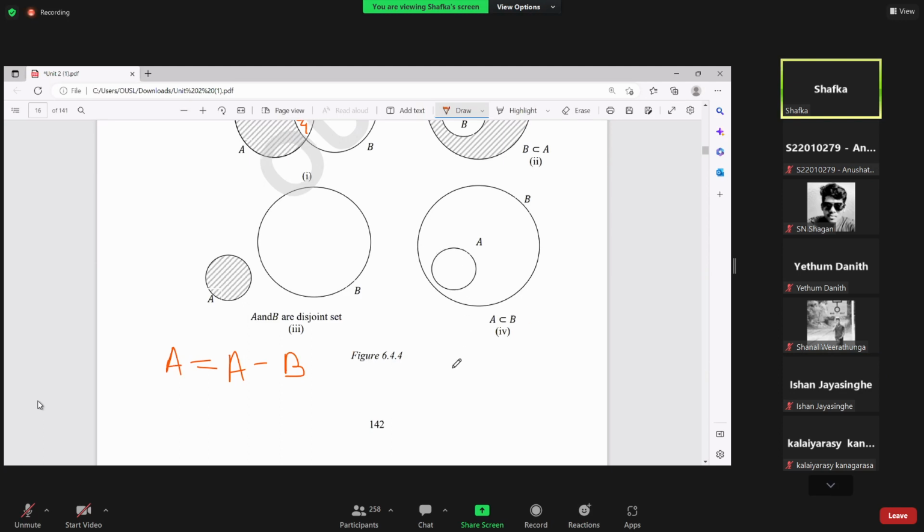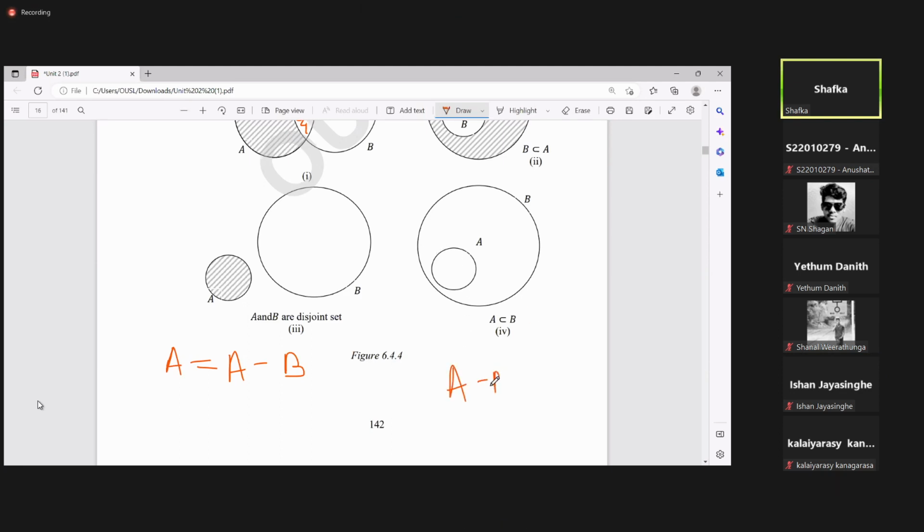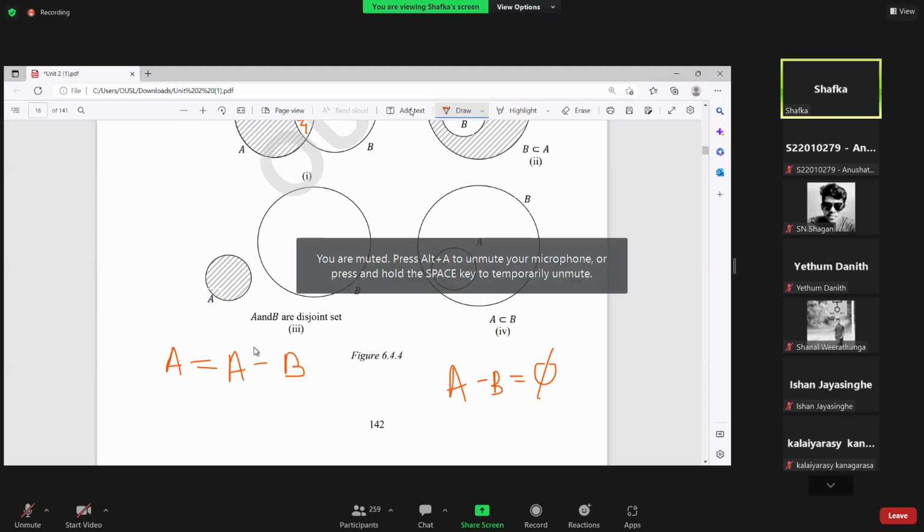There are no elements in A minus B, because A is a proper subset of B. So if you remove all the B elements from A, there is nothing. So this is the difference of sets. Can you understand up to now?